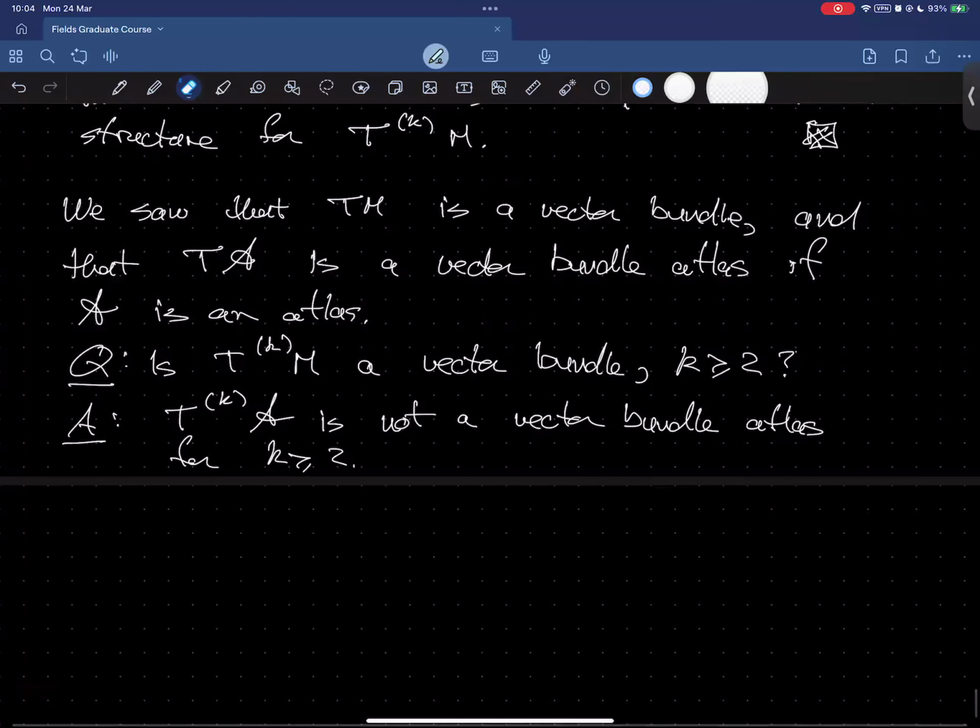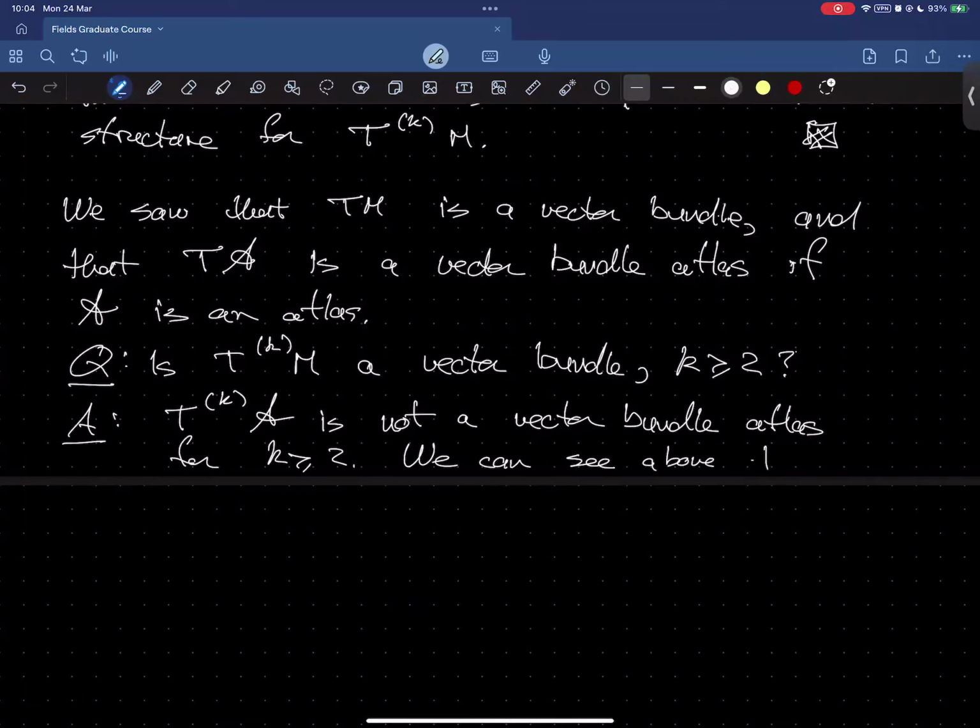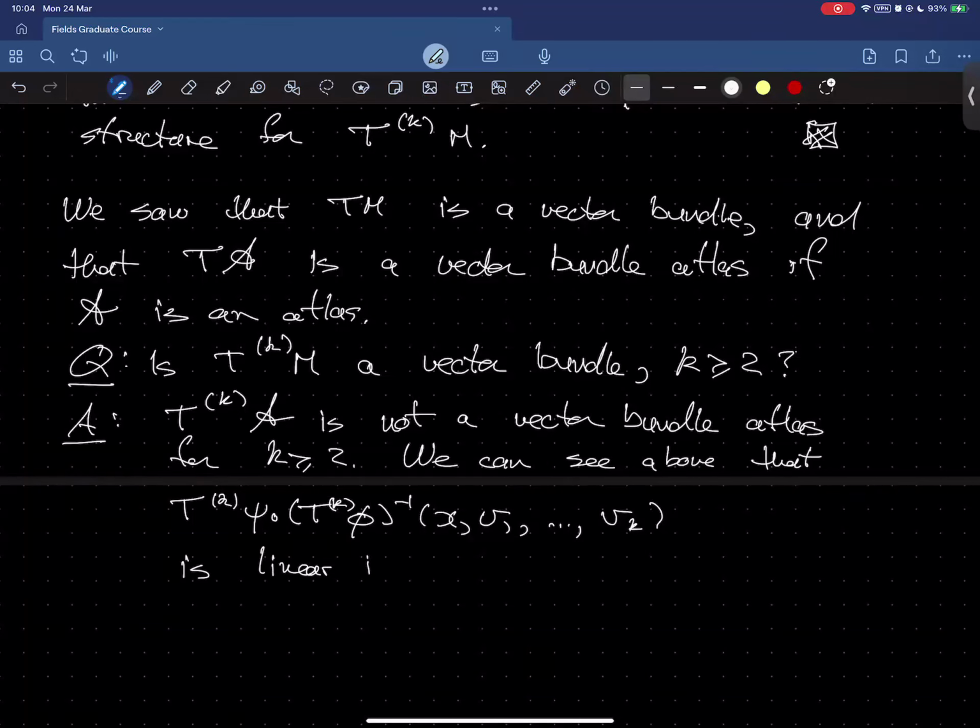So we can see above that T^k psi composed with T^k phi inverse of (x, V1 up to Vk) is linear in Vk but not linear in V1 up to V(k-1).